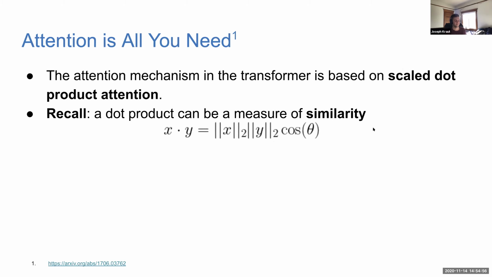So the higher the dot product, the more similar they are. And we're going to use that intuition to build up what attention might look like if we write it out in terms of dot products. But are there any questions here about dot products and how they represent similarity?